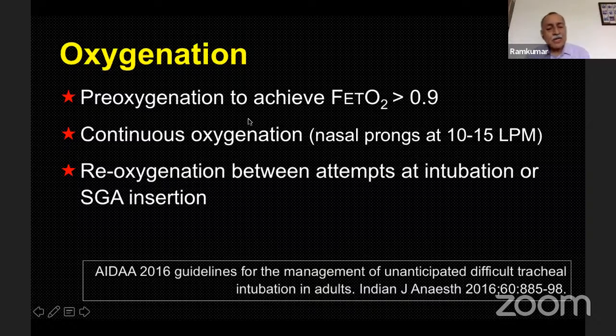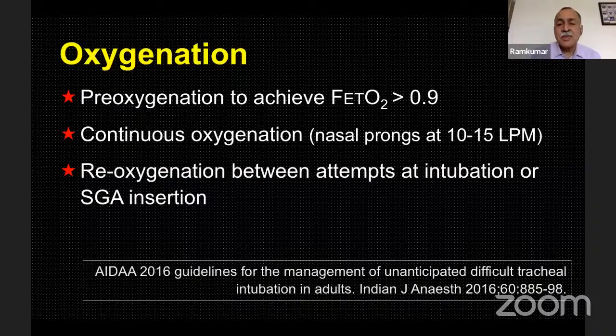Now, most algorithms also emphasize the fact that you must continuously oxygenate. When I was a postgraduate, we were taught that pre-oxygenation is important. And if you fail to achieve a definitive airway at your first attempt, you need to reapply the mask and re-oxygenate your patient, which is what the third bullet point says.